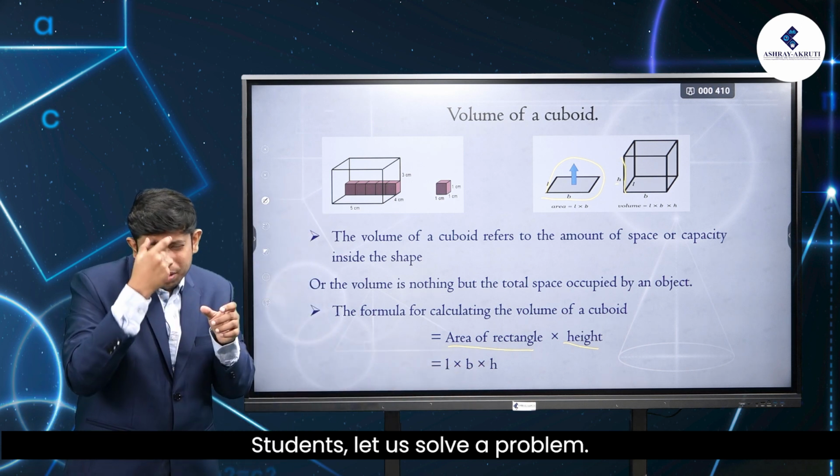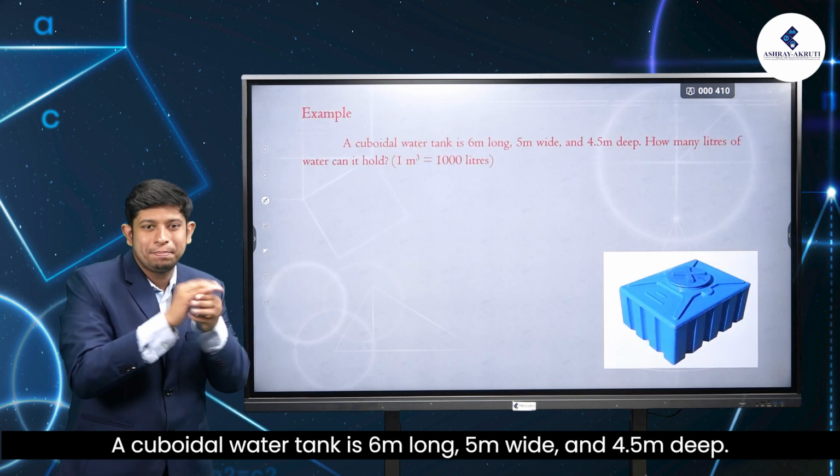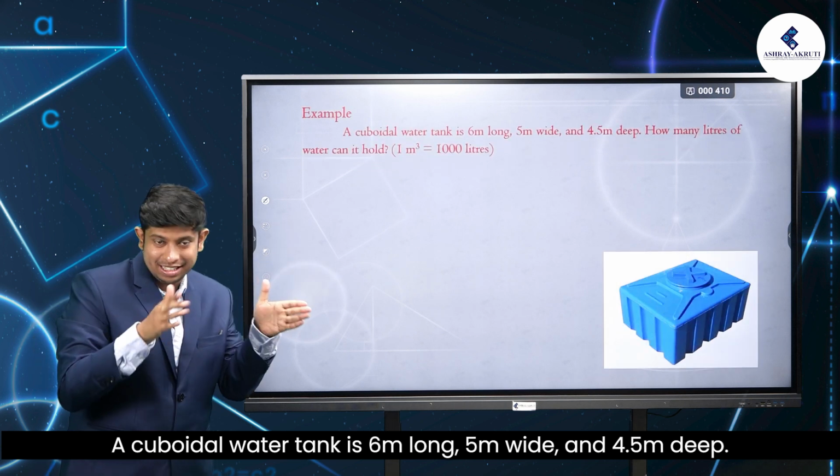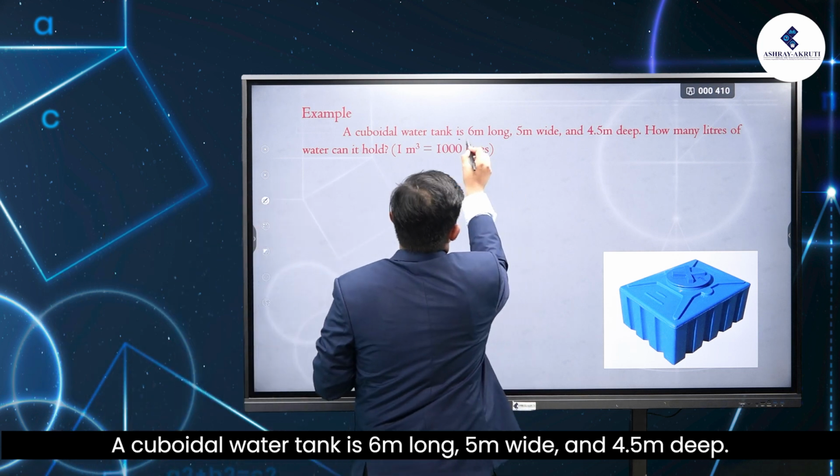Students, let us solve a problem. A cuboidal water tank is 6 meter long, 5 meter wide and 4.5 meter deep.